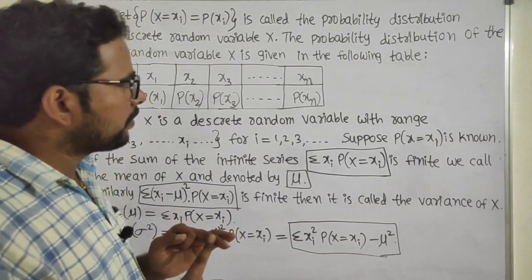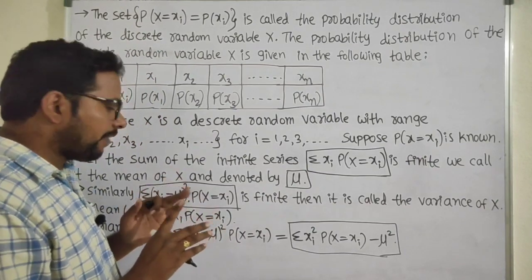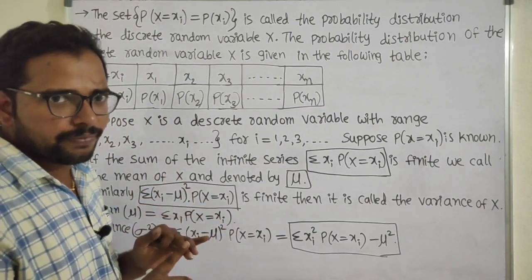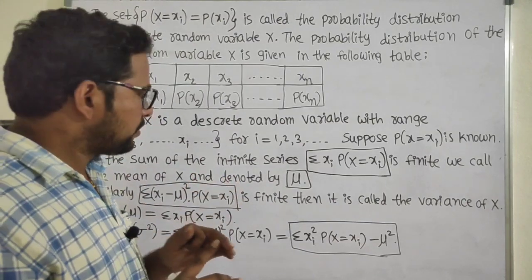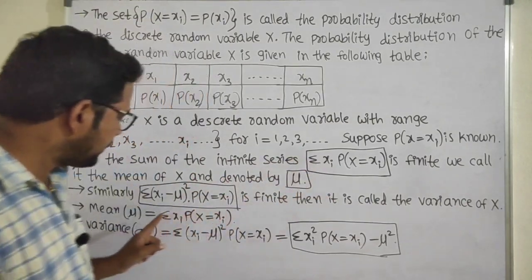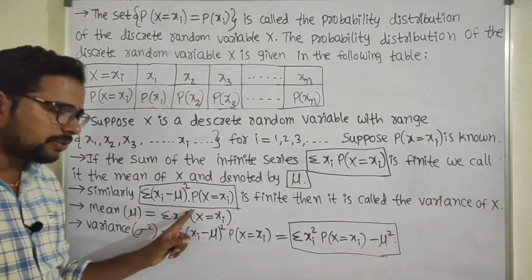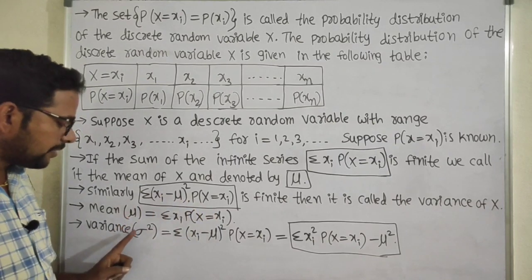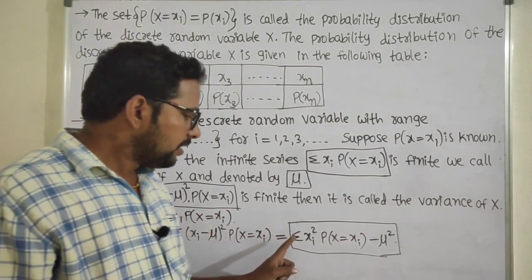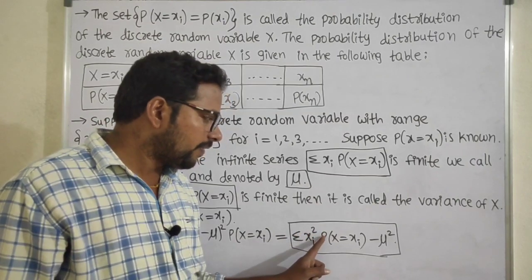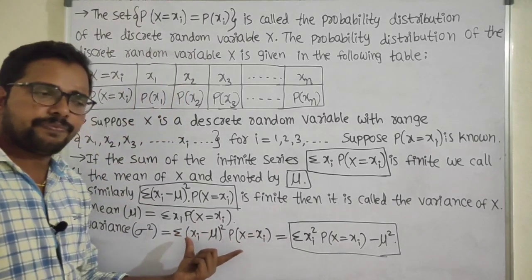Definitely, from this chapter we get a long question. In the sums that come as long questions, they will ask to find the mean and find the variance. So the mean formula: mean mu is equal to sigma xi, summation xi p of x equals xi, and variance sigma square is equal to summation xi square into p of x equals xi minus mu square, or we can use the other formula also.